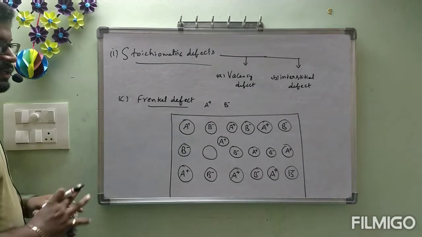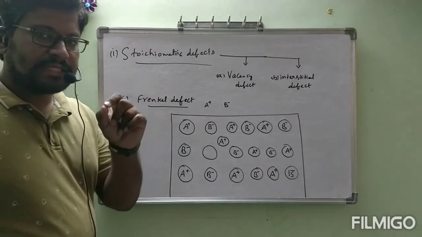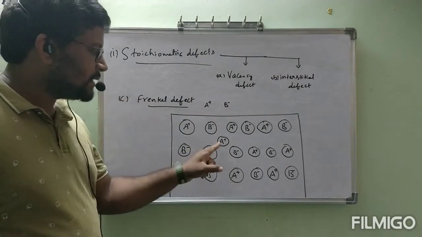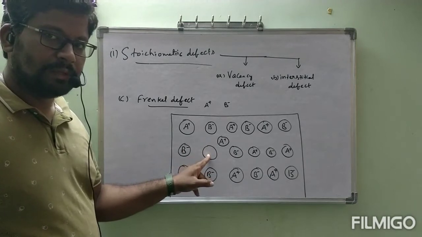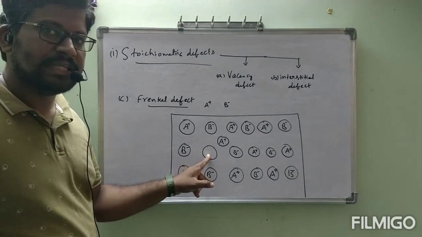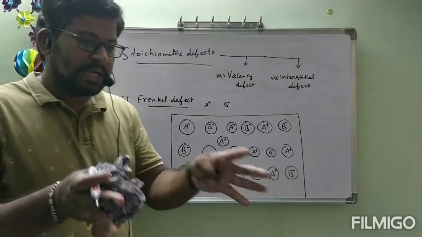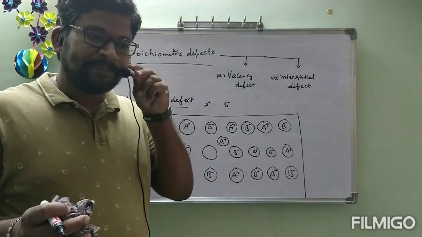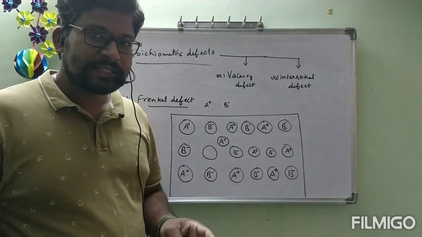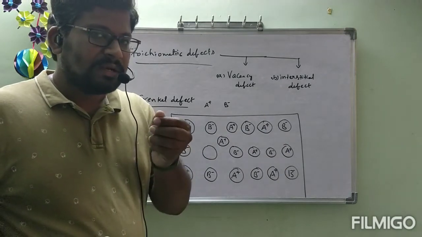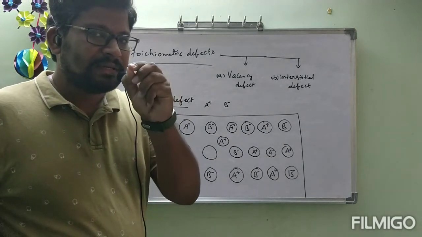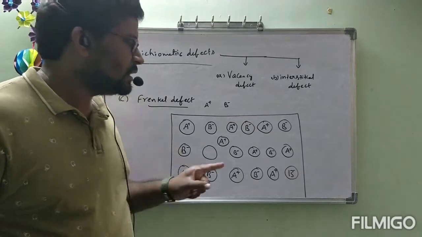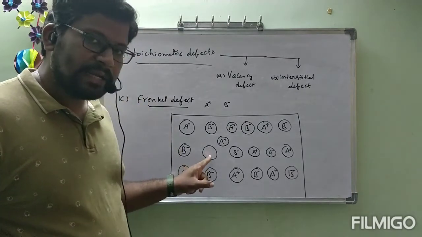Actually, for an exact crystal compound, this A plus must be here. But what is happening? At the time when A plus ions and B minus ions are combining to form the lattice, a little bit of difference happens. Because of that, some gaps will be created here.